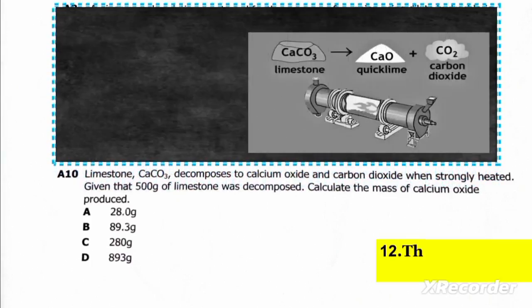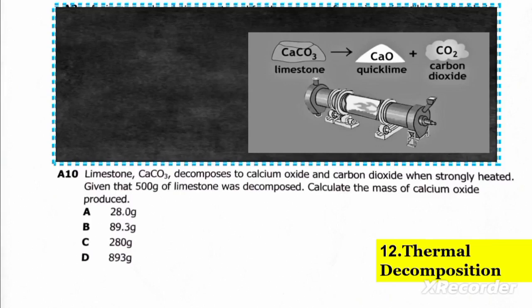Okay. So to answer this question, we need to remember. Last time we looked at the reactions. We looked at 20 reactions before constructing chemical formula, and this one was on number 12, thermal decomposition.